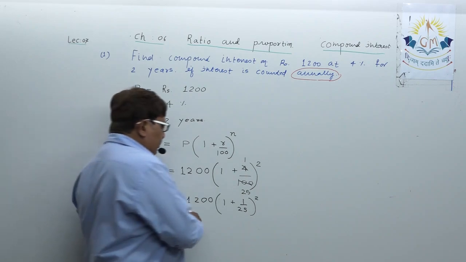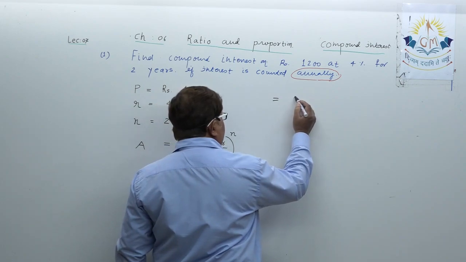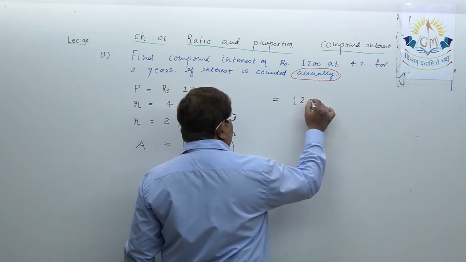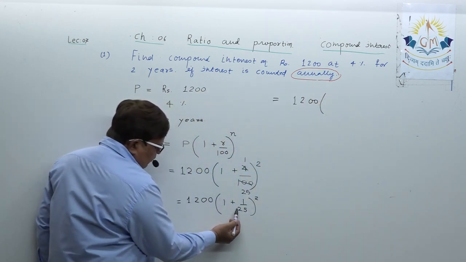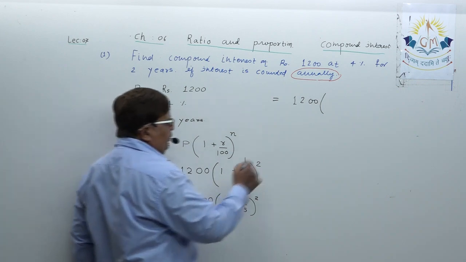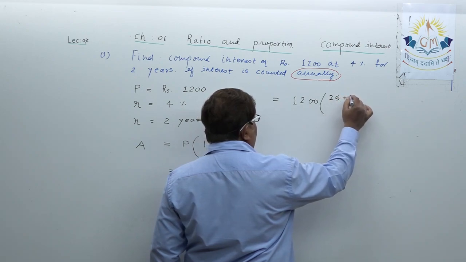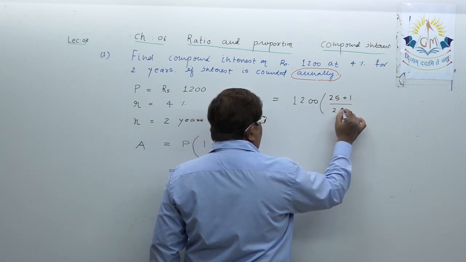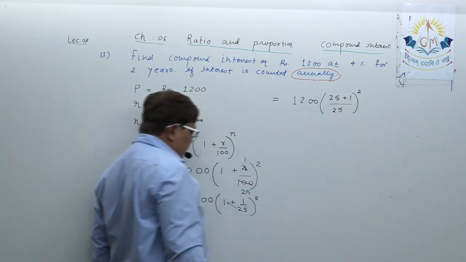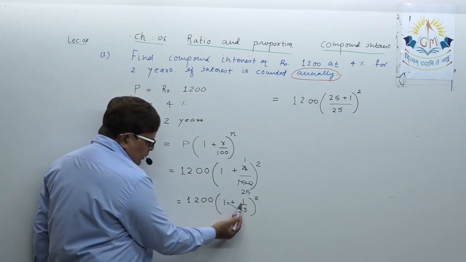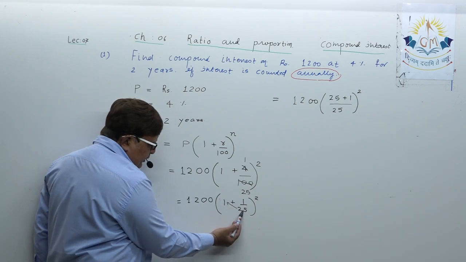No doubt, as a part of the sum I am writing this for you. 1200 in bracket 25 multiplies here. I am intentionally writing it for you. 25 plus 1 upon 25 raised to 2. You understood this step? In the bracket here is a plus sign, we have taken LCM.